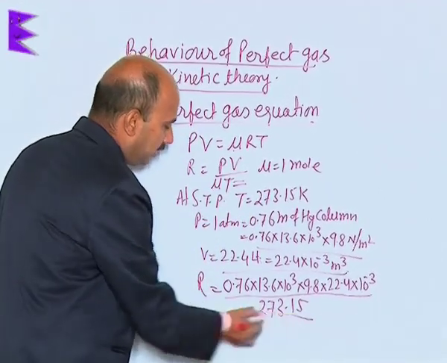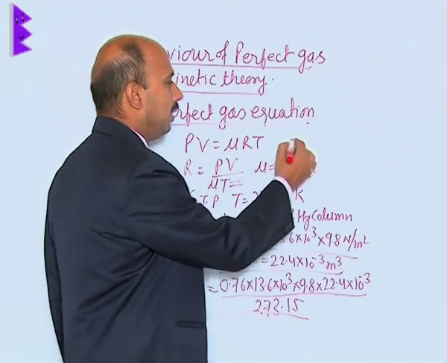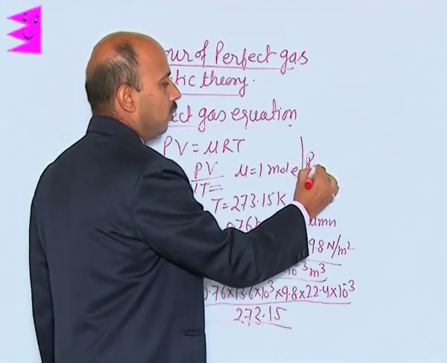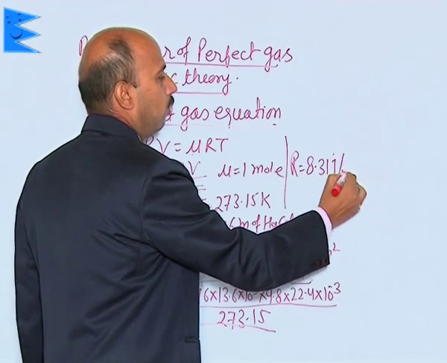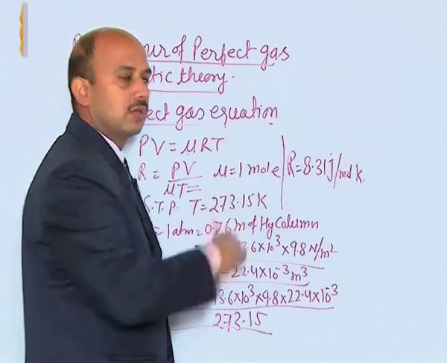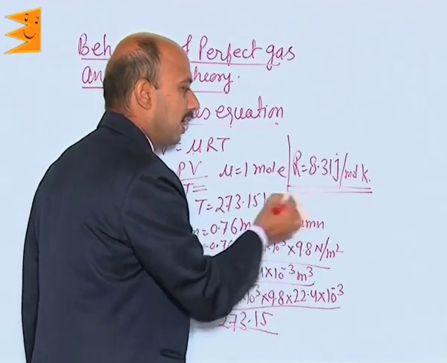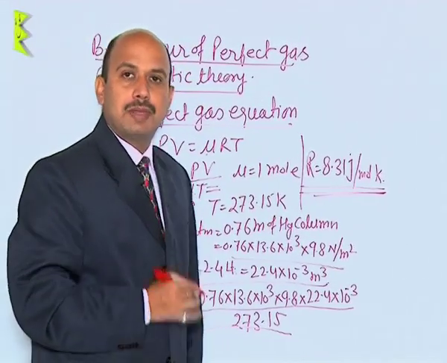If you solve it, you will get R is equal to 8.31 joule per mole Kelvin. So this is the value of gas constant at STP.